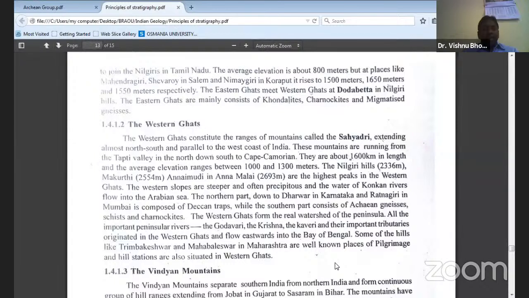All the important peninsular rivers like Godavari, Krishna, Kaveri, and their important tributaries originate in the Western Ghats only. Familiar places like Triambakeshwar and Mahabaleshwar in Maharashtra, well-known pilgrimage places, are located in the Western Ghats only.